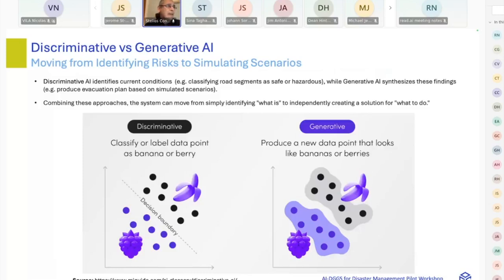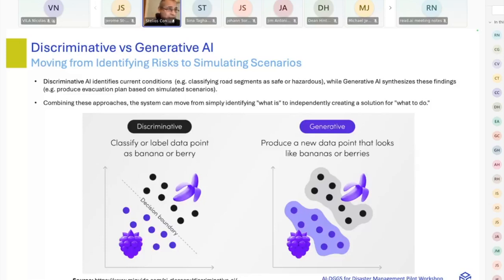Discriminative AI identifies current conditions, like classifying road segments as safe or hazardous, while generative AI can synthesize these findings by producing evacuation plans based on simulated scenarios. So by combining this approach, the system can move from simply identifying what is to independently creating a solution for what to do.